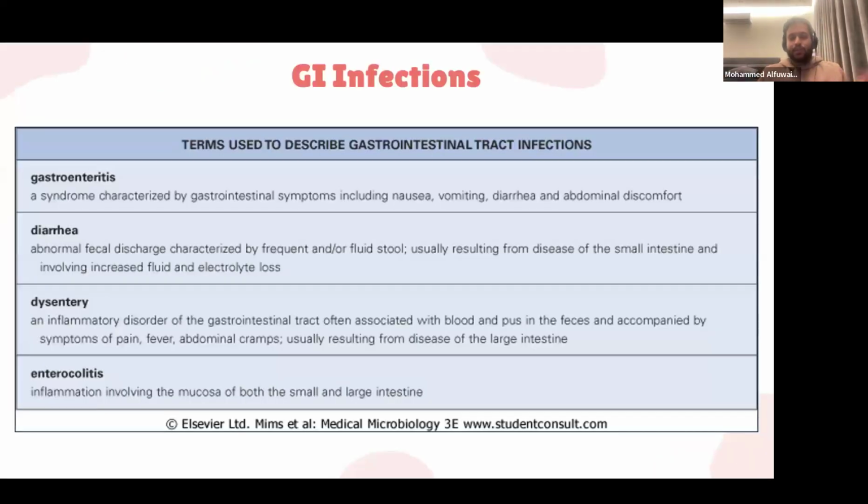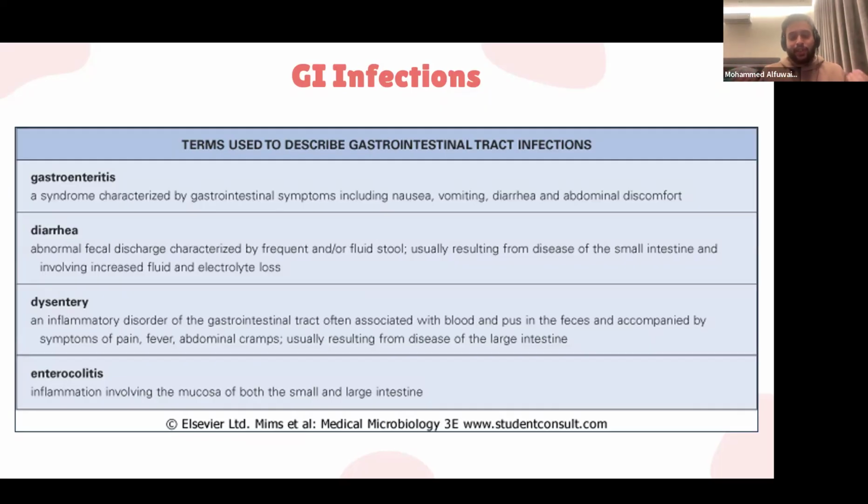So, as I said, we'll go into acute diarrhea first. Acute diarrhea is caused by GI infections. You have many types of infections. The most important thing is someone has diarrhea, especially watery diarrhea. Where is the pathology? Is it in the small intestine or the large intestine?